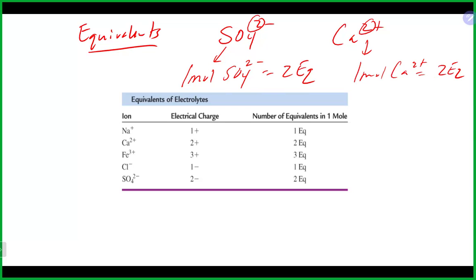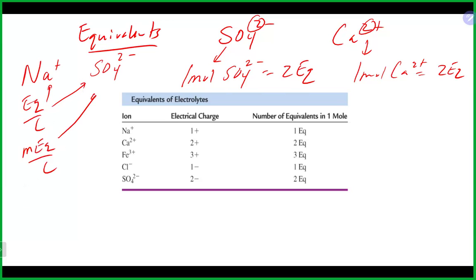And as we saw, for example, if we looked at something where there's sodium ions and maybe there's sulfate ions, and when you calculate the equivalents per liter for the sodium and the sulfate, and also the milliequivalents per liter, what you'll see is in those couple examples that we did, for each the positive ion and the negative ion, they will end up the same concentration of equivalents per liter because it's based off the charge. And when we put an ionic compound together, we make sure the overall charge is 0.